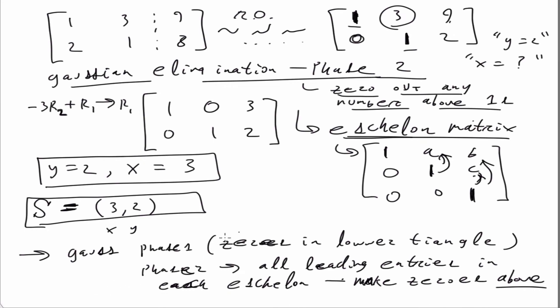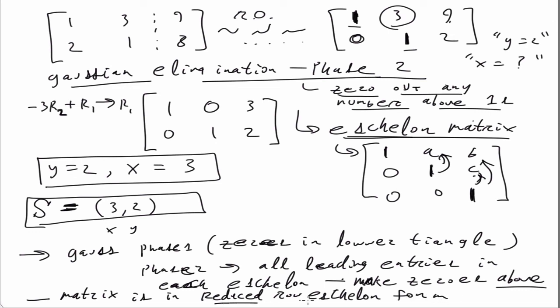All right, once you do that, we say that the matrix is in reduced row echelon form. In later videos, I'm going to give a more elaborate understanding of this.